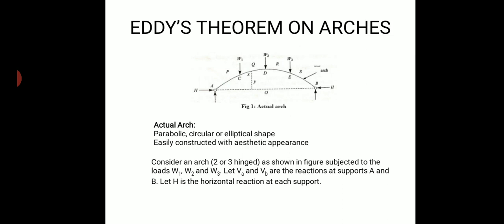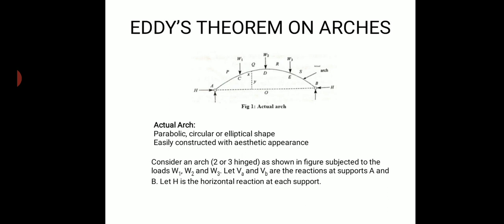A and B are the two hinged supports, with VA and VB the vertical reactions and H the horizontal reaction at both supports. At points C, D and E, the loads W1, W2 and W3 are located.